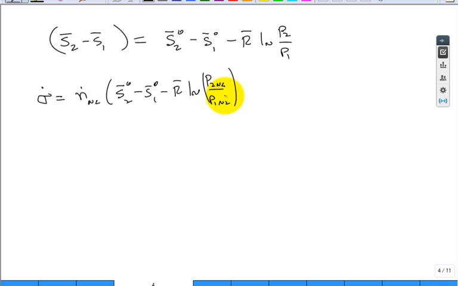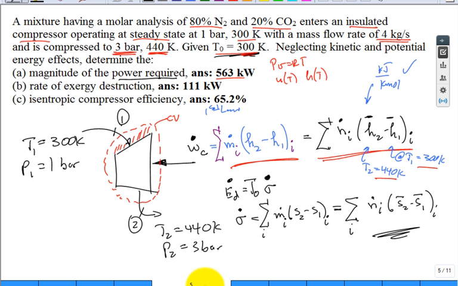I could put these in brackets, etc. Now, that P2 of the nitrogen is the outlet pressure times the mole fraction of the nitrogen in the outlet stream. And when we look at the compressor, did the mole fraction of the nitrogen change from inlet to outlet?